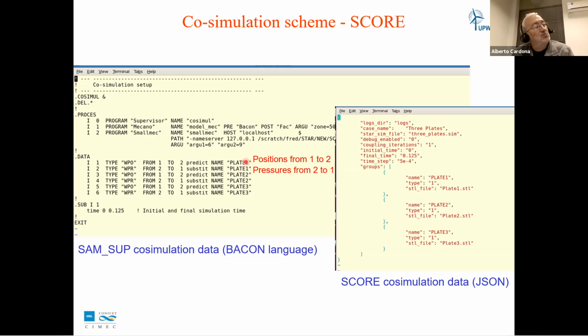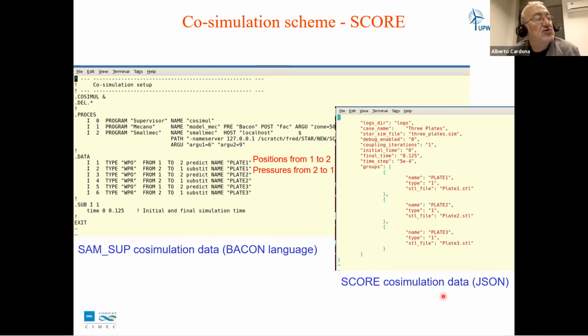In some other place we are describing which are the objects plate 1, plate 2, and plate 3. So we see here there are 6 groups of data to communicate from one software to the other.